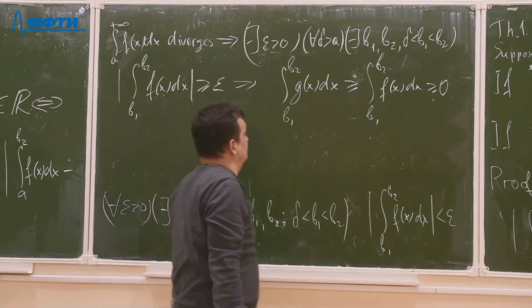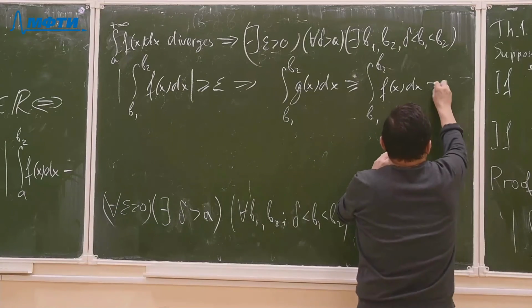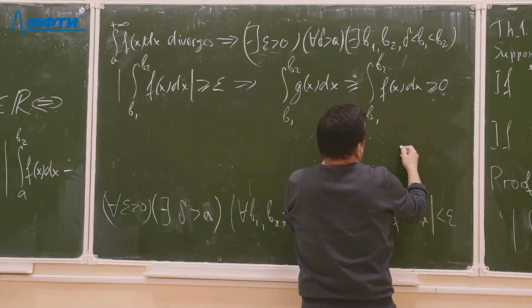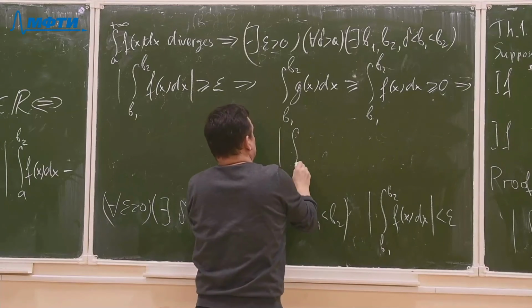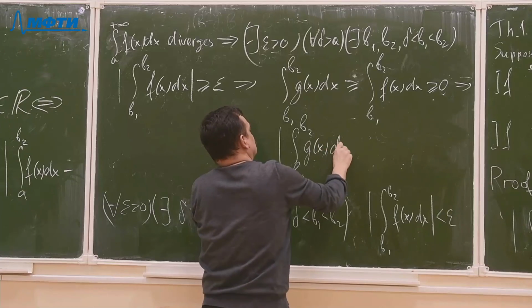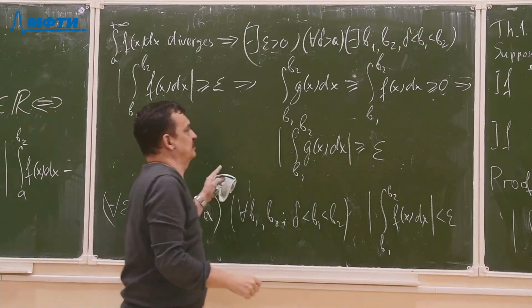Hence, the modulus of the integral from b1 to b2 is also greater or equal than epsilon, right?